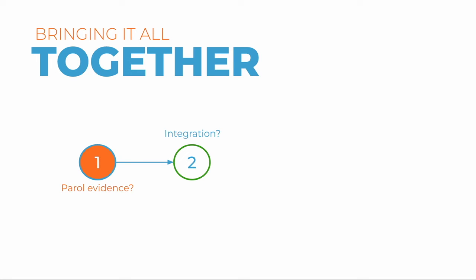Because if they intended it to be final and complete, and we say it's a total integration, that's the most weight we could possibly give it. Or is it nothing, just a draft they were kicking around, and therefore not integrated at all, and we don't need to give it much weight. So after we decide whether it's total, partial, or not integrated, we look to say, is it admissible?